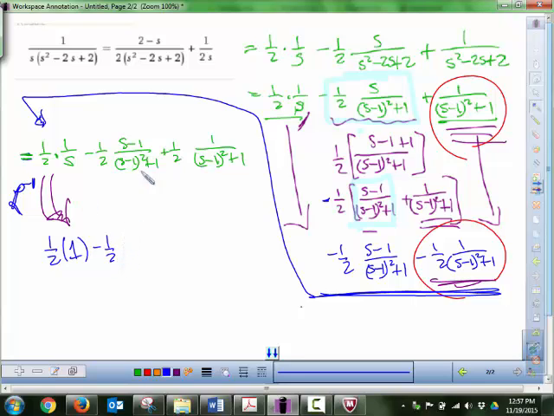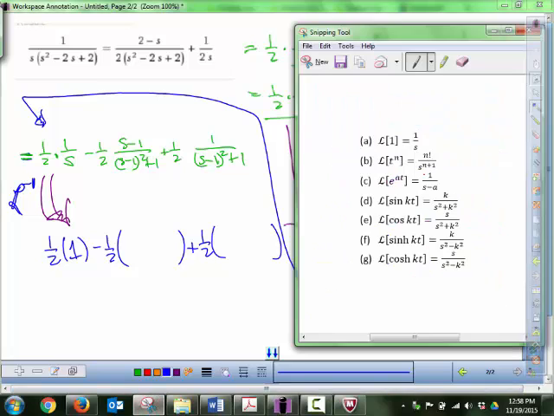And then now I have a 1/2, and I have to try to figure out what goes in here, and then another positive 1/2 and try to figure out what goes in there. So let's see how S minus 1 over S minus 1 squared plus 1 translates. So that looks like a variable divided by the variable squared plus 1 squared.